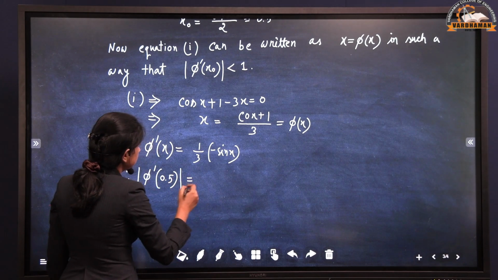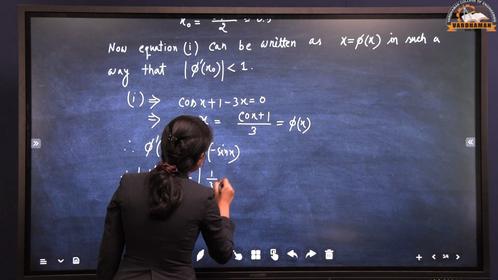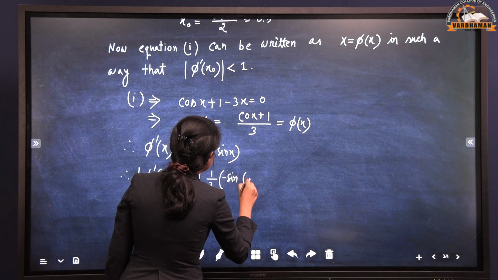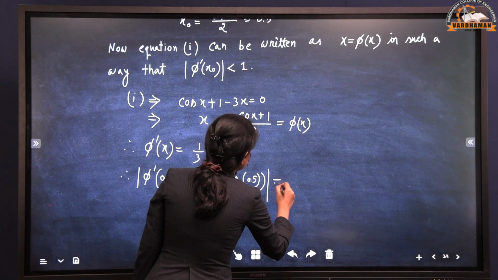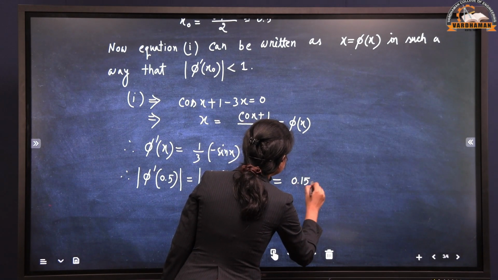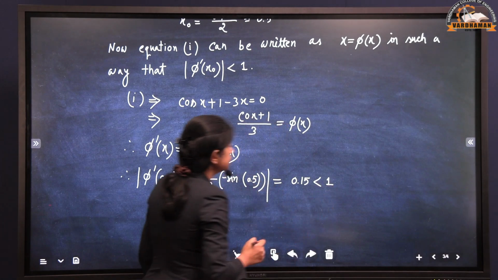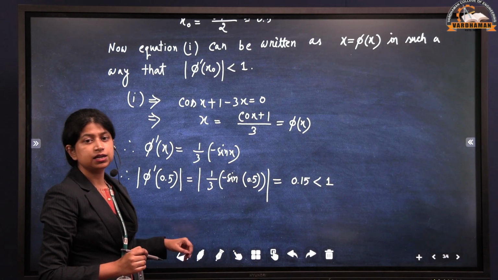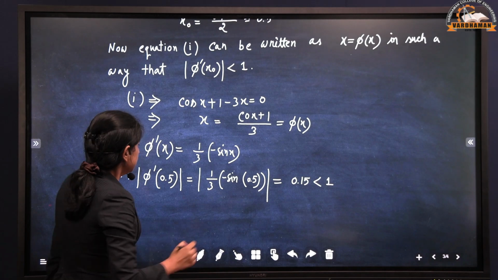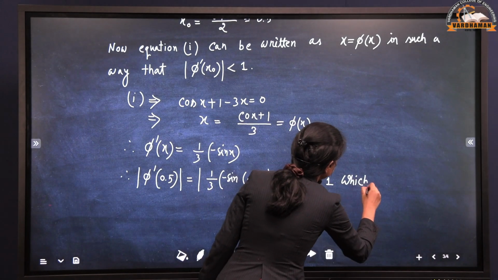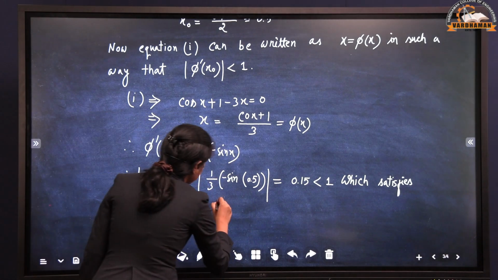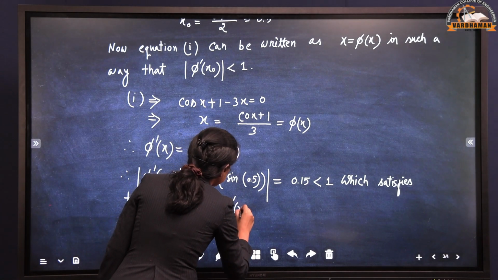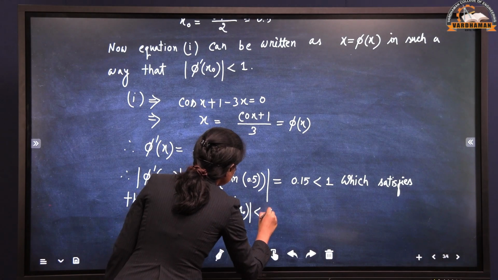So we need to find 1 by 3 minus sine 0.5. This will give you 0.15, which is less than 1. That means it satisfies the condition mod of phi dash x naught should be less than 1.